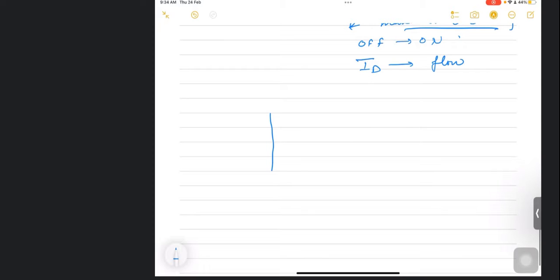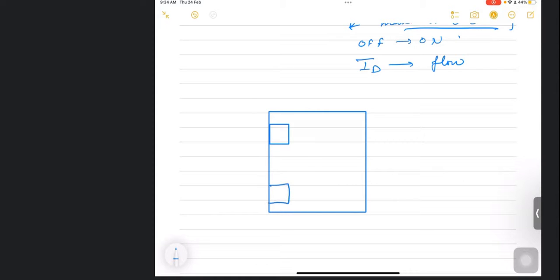ठीक है, ये बुक के हिसाब से दिखा देता हूं आपको. बुक में ऐसे बना हुआ है. इस तरह से, this is N, this is N, ये है SiO2, and we have metal here. ये गेट है, ये मेटल है, silicon dioxide.